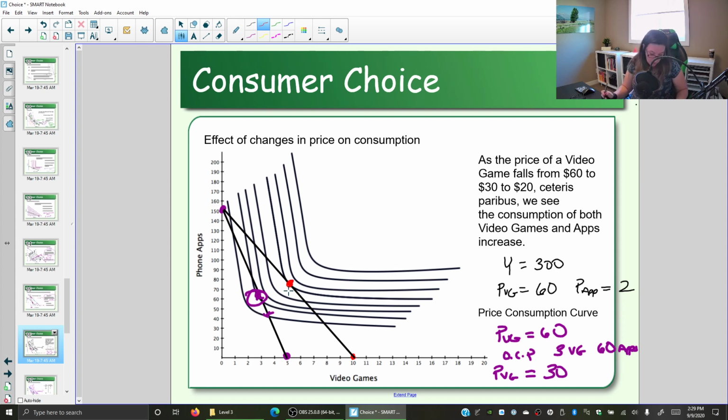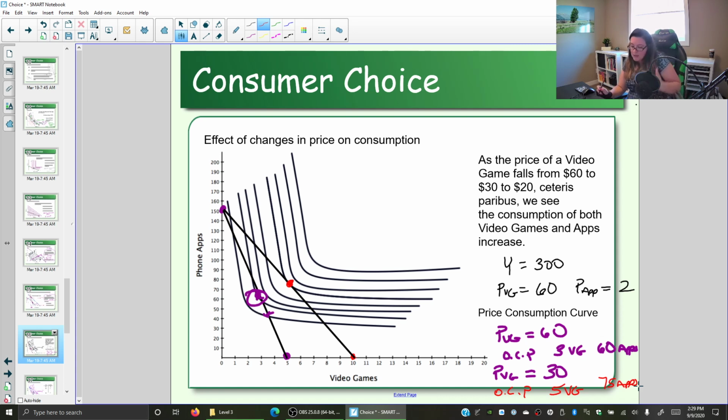At that point, let's write out the optimal consumption point. We have 5 video games and 75 apps.